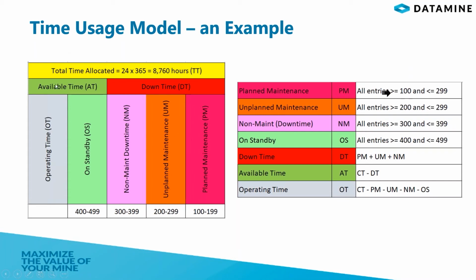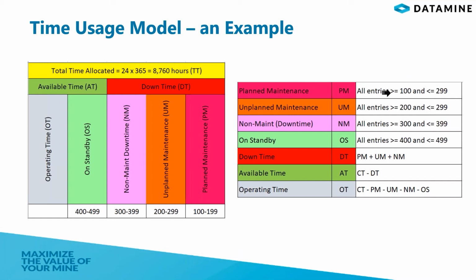Available time, the green bit here, and the downtime. And furthermore, within each of these components, we subdivided that into a number of categories of time usage that we would like to allocate the time that a piece of equipment spends on in the course of the day.